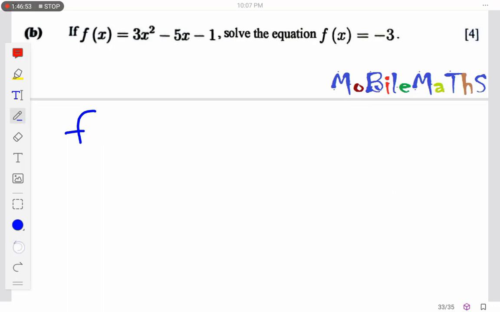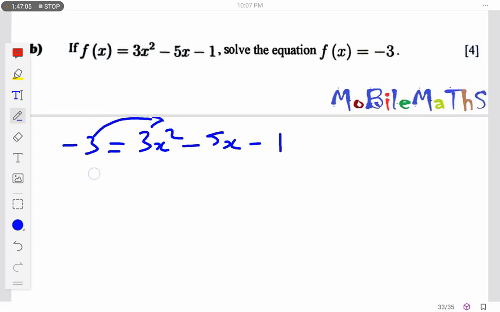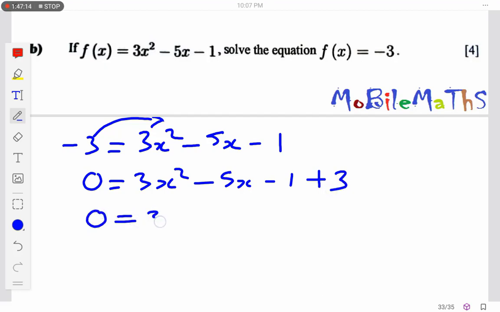Minus 3 is equal to 3x squared minus 5x minus 1. If I take this one to that side, it becomes plus. So I have 0 is equal to 3x squared minus 5x minus 1, then plus 3. So this is 0 is equal to 3x squared minus 5x, then plus 2 here.